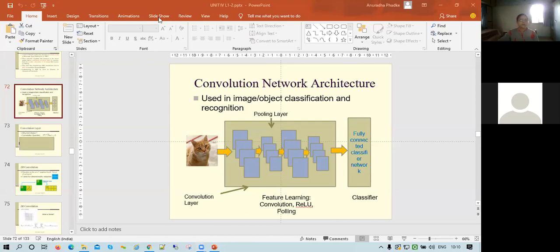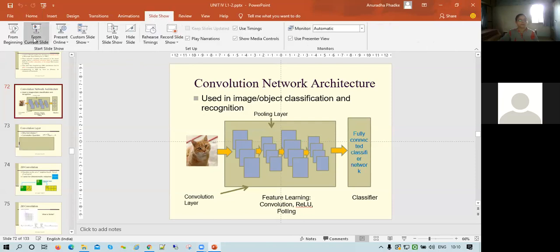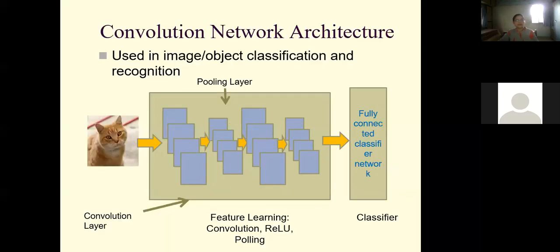Okay, so let us revise what we studied in the previous lecture and immediately start with today's topic. Yesterday we talked about various architectures of deep neural networks, and we studied the basics of convolutional neural network architecture.